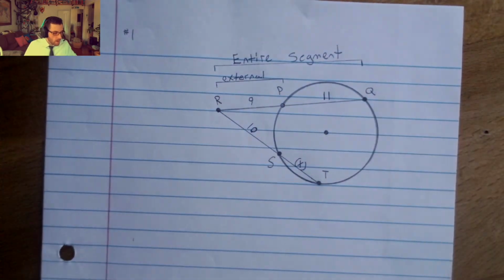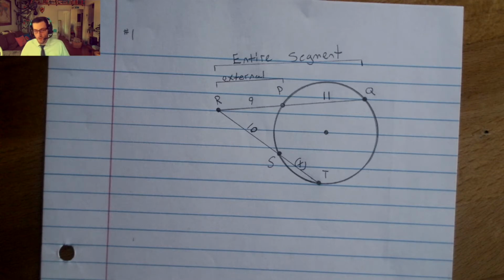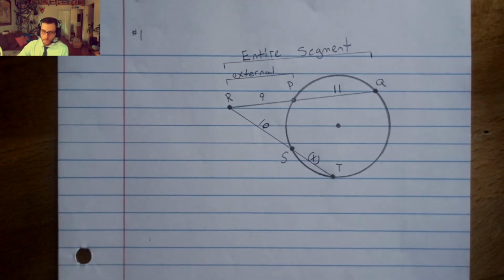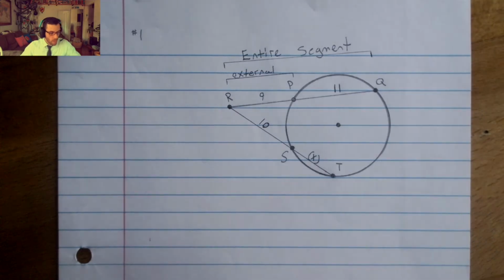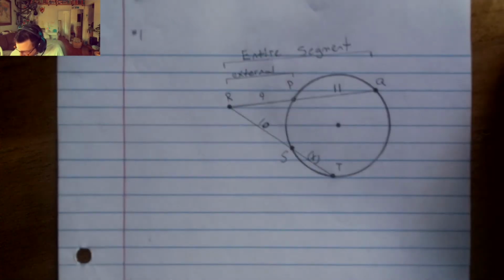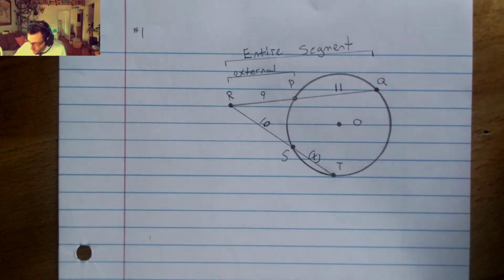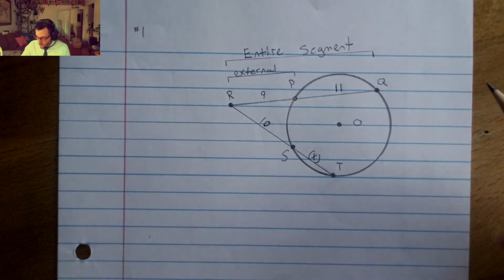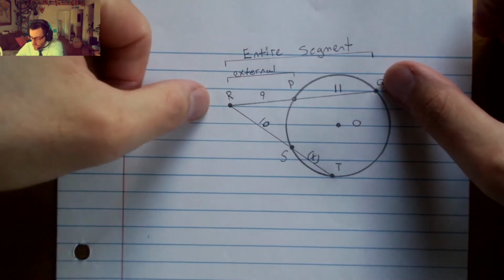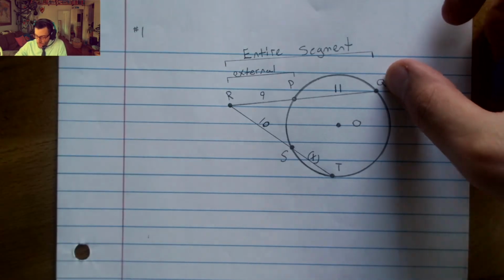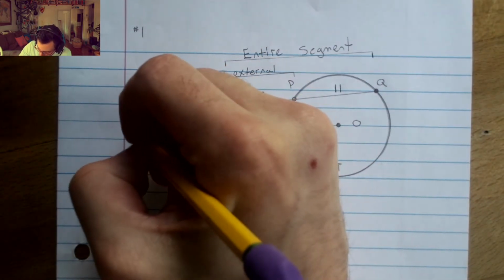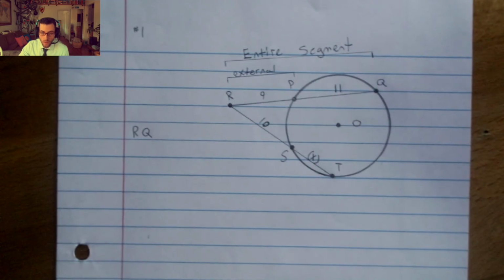In this example here, we have another secant tangent example. I've already started to label this out for you. But here we have circle O, and in circle O, we have the entire segment value for our secant as RQ.